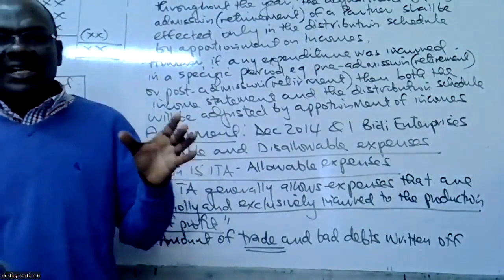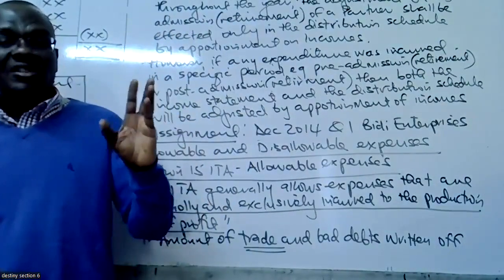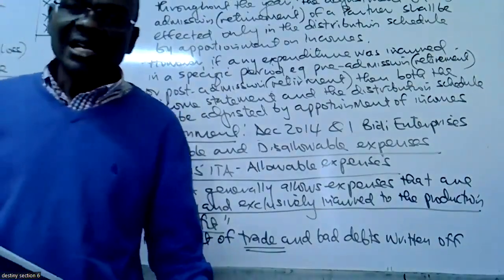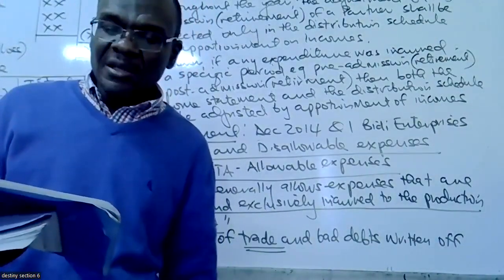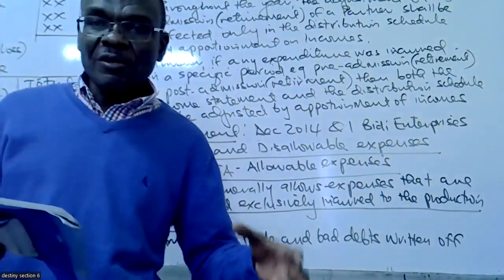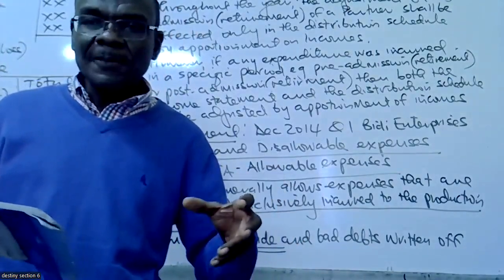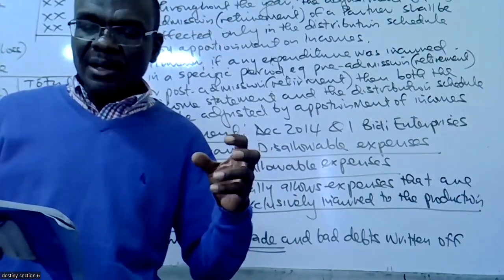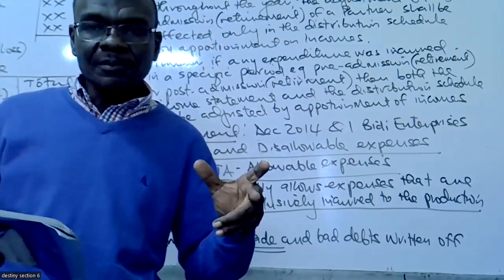So if you have legal expenses for collection of bad debts, like filing a suit against a defaulting debtor, then that would be allowed. Then C, for preparation of staff contracts when recruiting new employees. So legal cost in preparing staff contracts when recruiting new employees is an allowable expense.